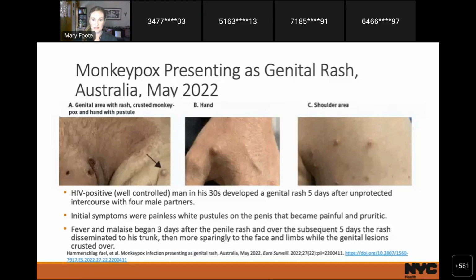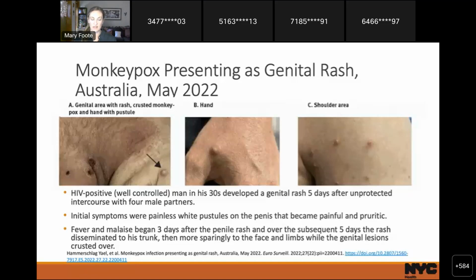So again, the rash presented first, which was sort of atypical. The initial symptoms were painless white pustules on the penis that evolved to become painful and pruritic. And then the fever and malaise, the prodromal type symptoms, began 3 days after the rash had started and continued over the subsequent 5 days.